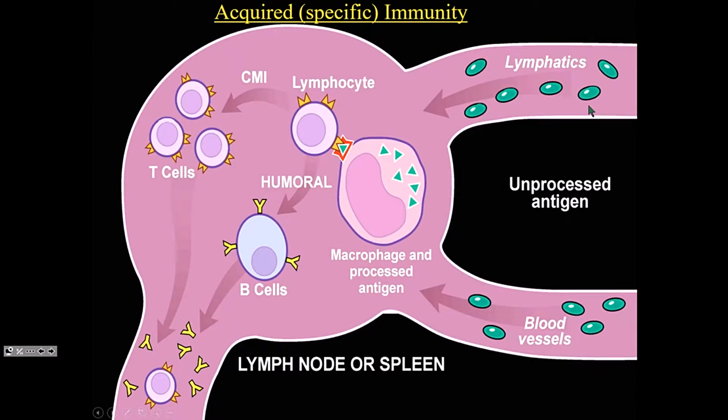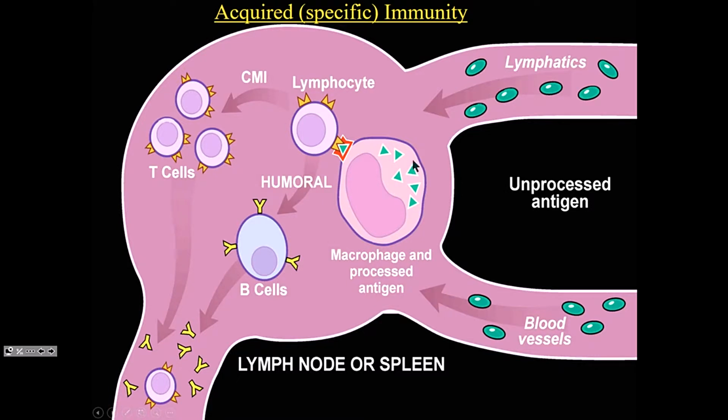Acquired or specific immunity typically involves an antigen-presenting cell, such as a macrophage or some of the other components that have differentiated from a monocyte into macrophages, Kupffer cells, glial cells, osteoclasts, and so on.